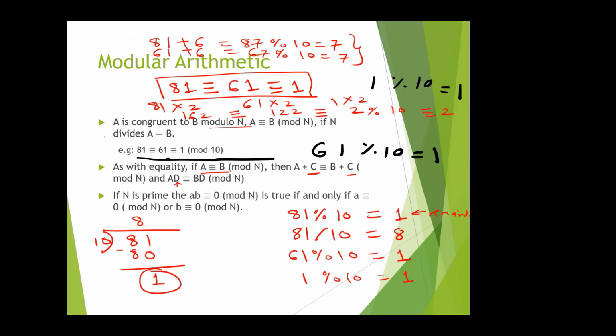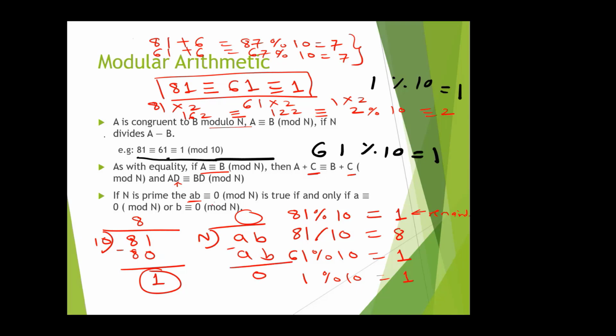Another thing here is if we are saying that AB mod n gives you 0, when the remainder operation gives you 0, what does that mean? Here is n and here is AB, and my remainder is 0, so the division leaves nothing.